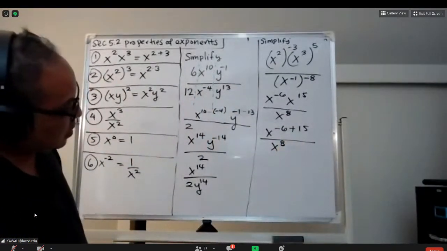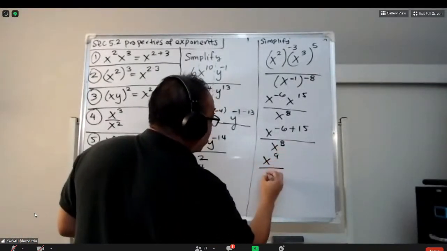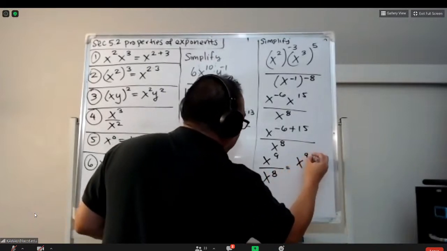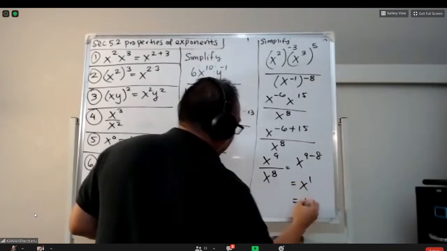Okay. So now we have x to the 9 over x to the 8. And this is equal to x to the 9 minus 8, which is equal to x to the 1, which is equal to x.